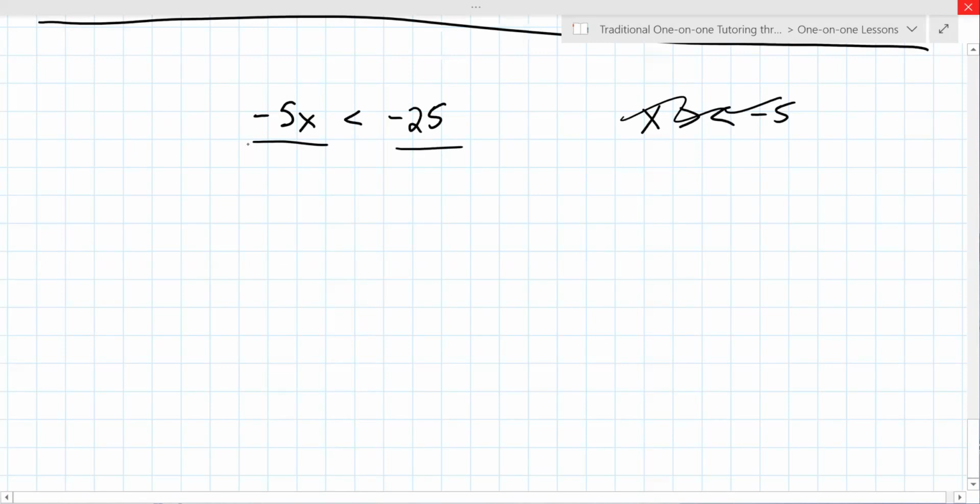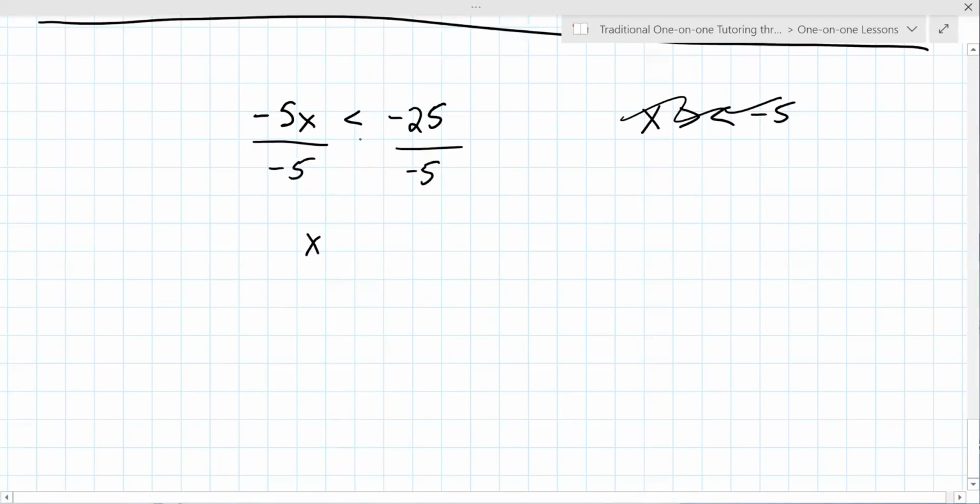But the number in front of x is -5. Okay, I'm sorry about that. I just thought it was 5. Well, it's okay. But we want to get it right. It would be ideal. Okay, so you divide both sides by -5.